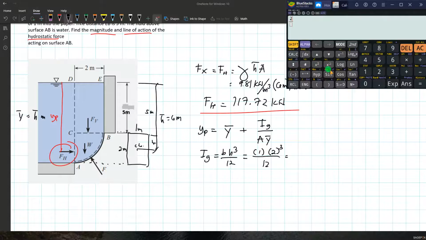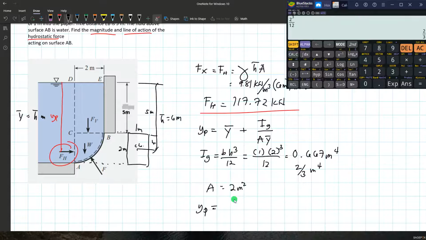So 2 raised to 3 over 12, that's 0.667 meter raised to 4, or we can also use the fraction form, that is 2/3 meter raised to 4. The area is 1 times 2, that's 2 meters squared.